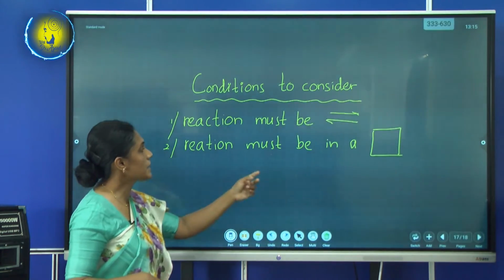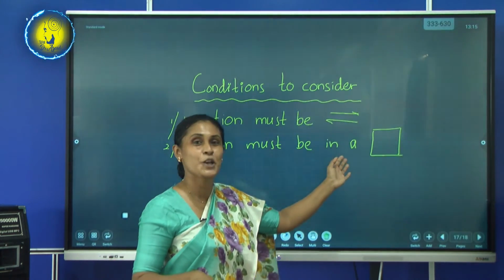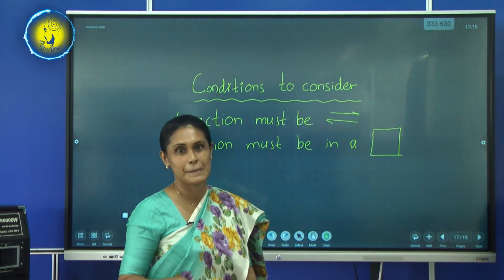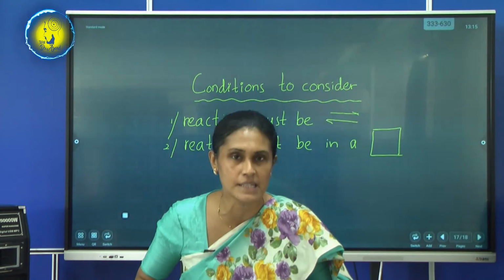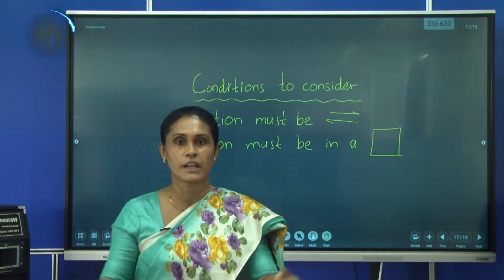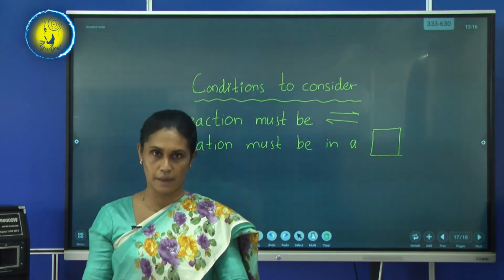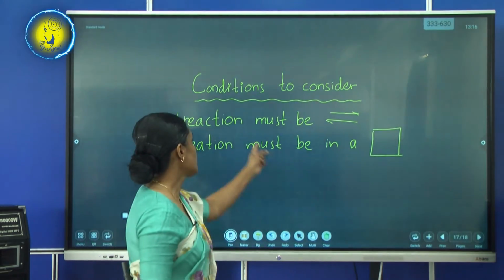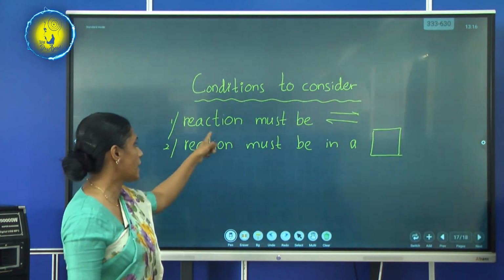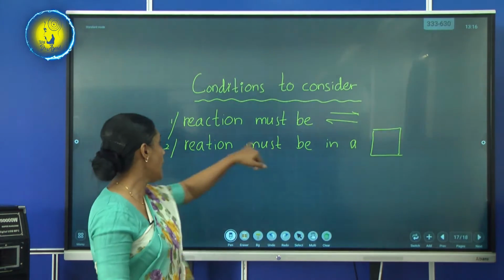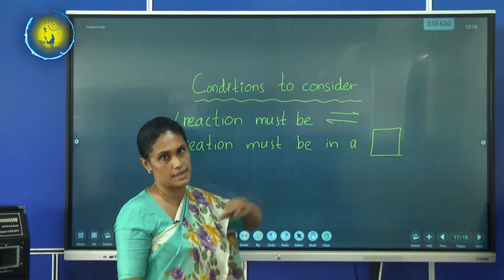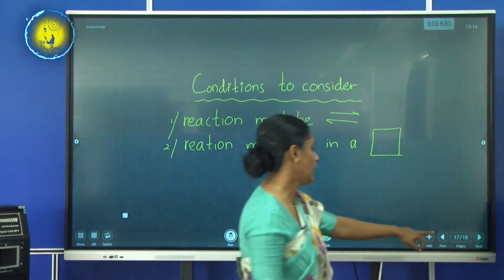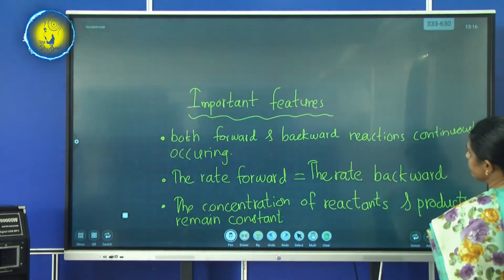Second one, the reaction must be in a closed container. You can't do the reactions in an open container. You know the reason why. Whatever the products, whatever the reactants may escape. Right? So these two are important: the reaction must be reversible as well as in a closed container. Right? Okay. Fine.